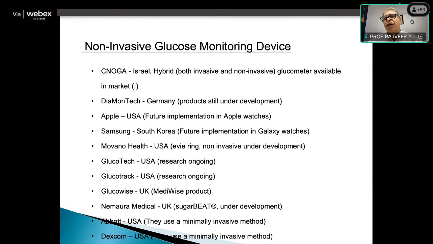Abbott is a well-known company as far as medical devices are concerned, and they have successfully developed a device, but only minimally invasive, maybe pricking or some other method, not the total non-invasive method. Dexcom is another company which has also developed a product, but only with a minimally invasive method. So this is the worldwide survey which I have carried out for real-time non-invasive glucose monitoring devices.